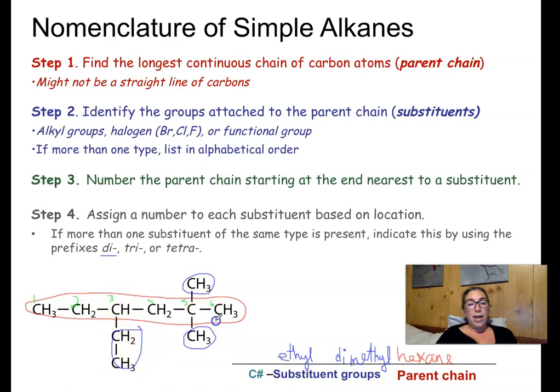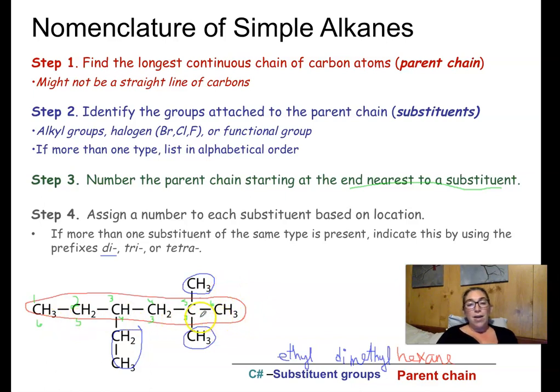But if we label it the other way, 1, 2, 3, 4, 5, 6, then our first substituent would be coming off of carbon 2. So you always want to have the lowest address possible for things. So we'd rather have our first substituent on carbon 2 than on carbon 3. We want to start labeling on the end that's nearest to a substituent, and that's the right side. So we're going to use this right to left numbering system.